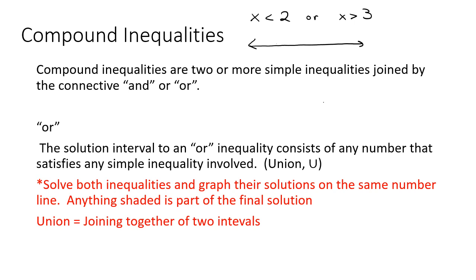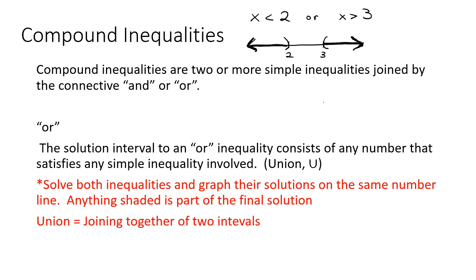These are already simple inequalities to begin with. With "and" inequalities, we plotted both solutions and looked for the overlap. But with "or" inequalities, you can just plot both solutions. All the stuff less than 2 is part of the final answer. All the stuff greater than 3 is part of the final answer.